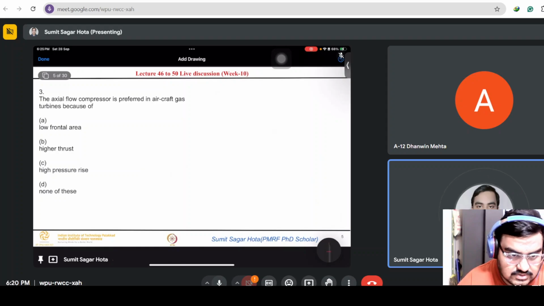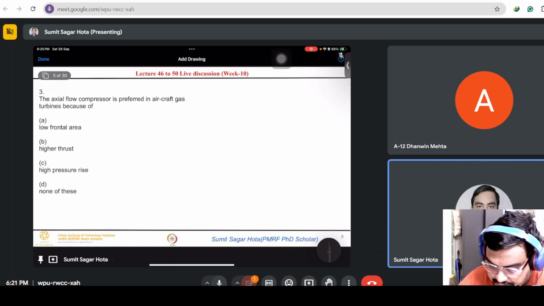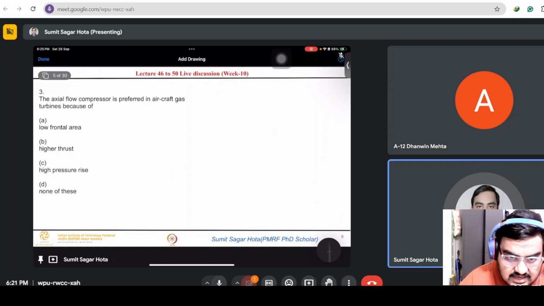So next question. The axial flow compressor is preferred in aircraft gas turbines because of what? In fighter aircraft, or any kind of aircraft, there are always space limitations.